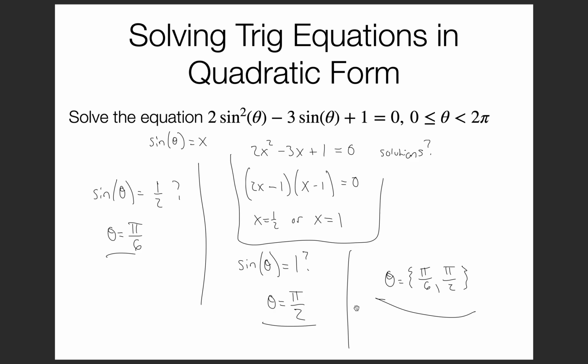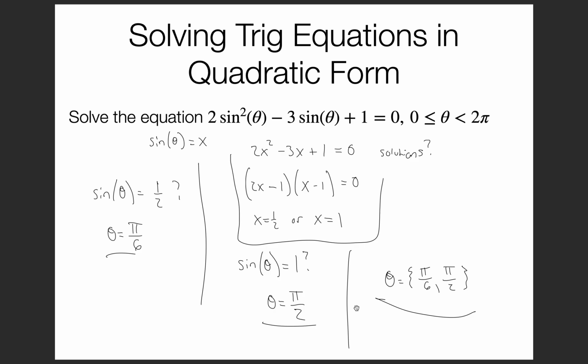Now I need to look at what if sine of theta equals 1. This is a little trickier because 1, 0, and -1 often happen at quadrantal angles for sine, cosine, tangent, and so on. So sine of theta equaling 1 happens at a quadrantal angle.